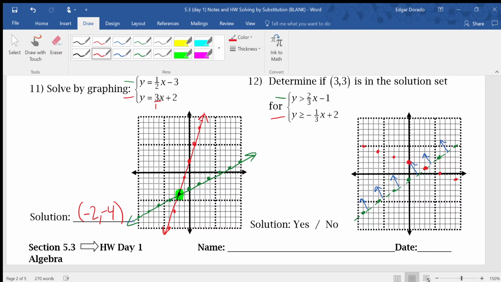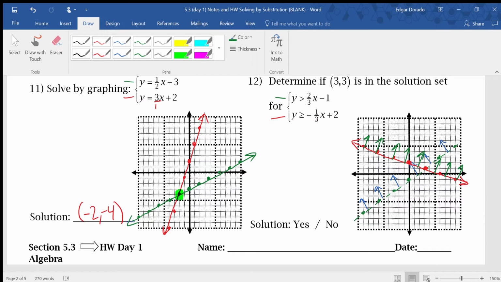I'm going to connect that as best as possible. Yet again, this one is a greater than, so it has to be shaded above. And by the way, I made it solid because it's a greater than or equal to. So that means it's a solid line.